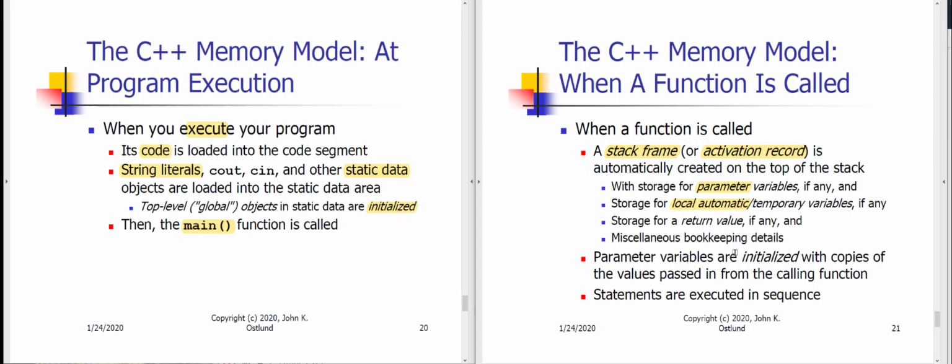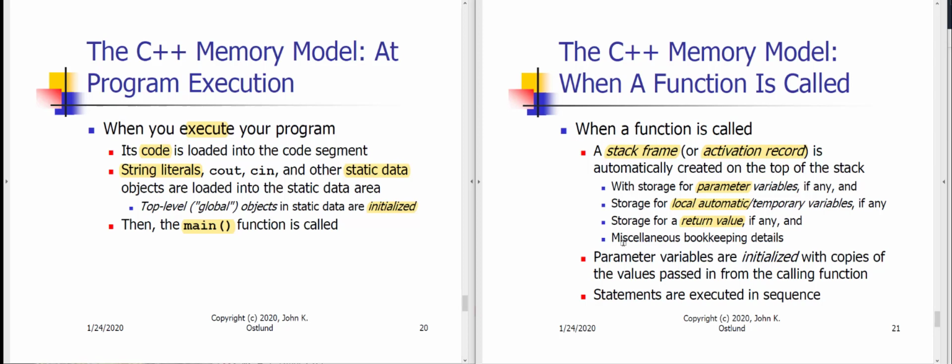There's also some bookkeeping stuff in the stack frame. For example, there will be storage set aside to contain the return value from the function, if the function does return a value. If you look back at DisplayStir, you'll see that its return type was void, so we don't need to allocate space for a return value for DisplayStir.